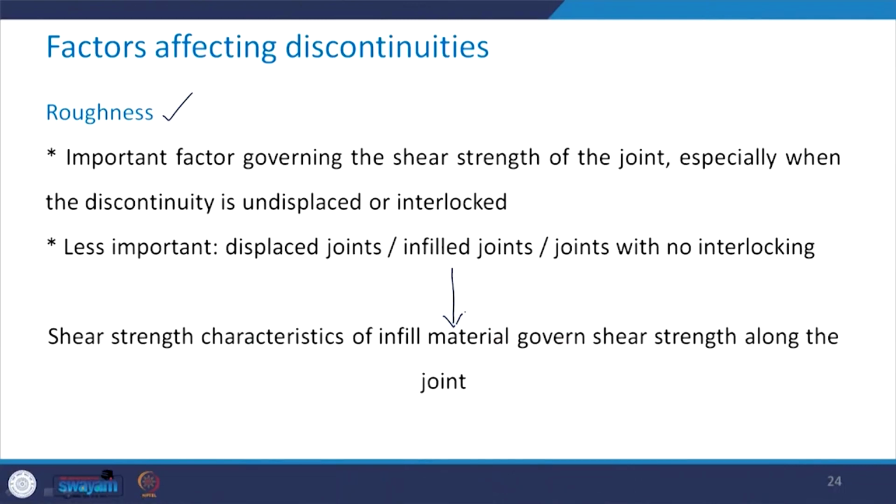This roughness is less important in the case of displaced joints, infilled joints or joints with no interlocking, and therefore the shear strength characteristic of the infill material governs the shear strength along the joint. So, when you have infilled joints, it is the characteristic of the infill material that governs the shear strength, not the roughness of the discontinuity.